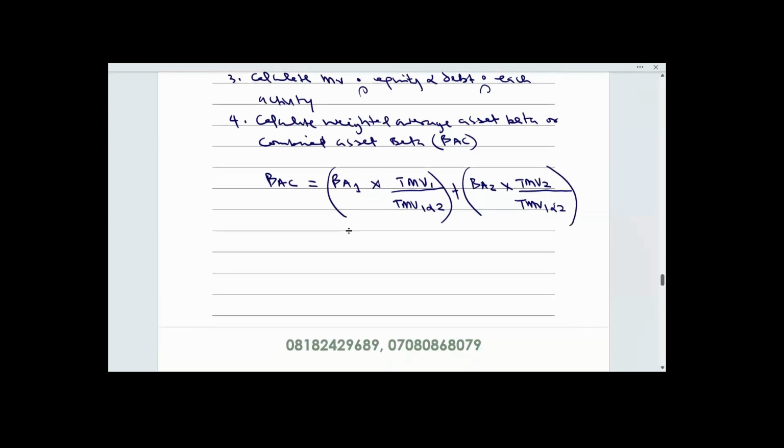So this is the formula you are going to use to calculate beta asset of the combined.